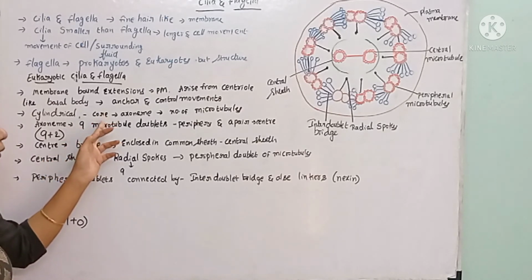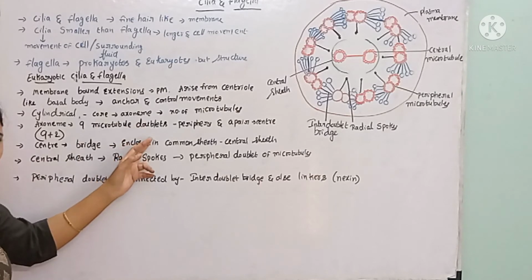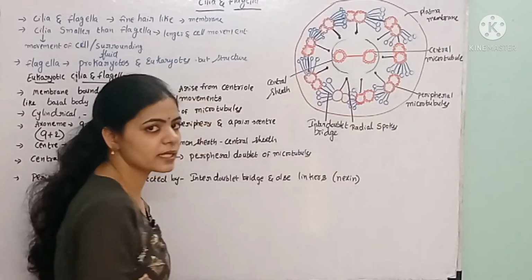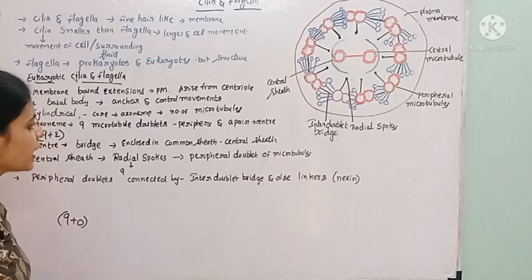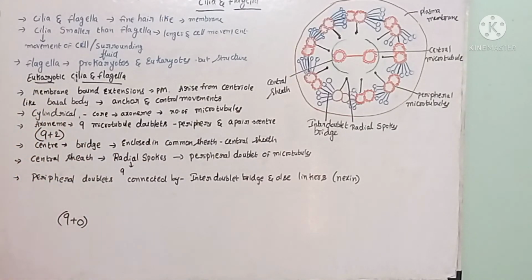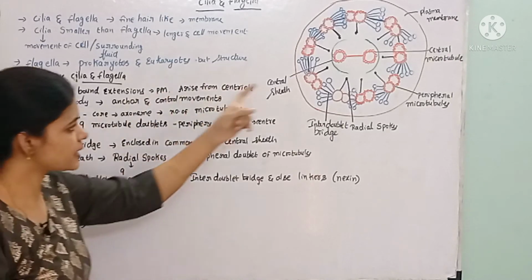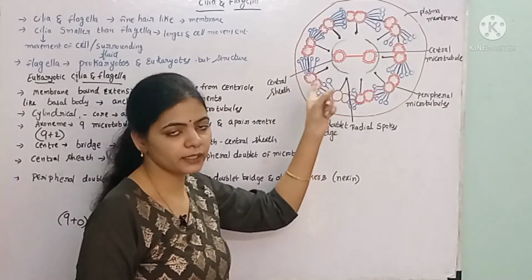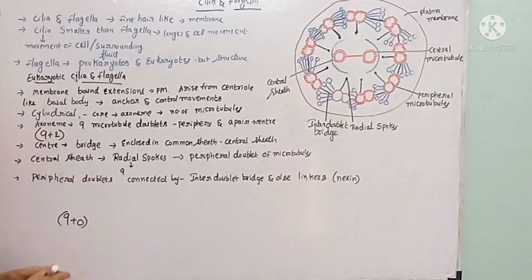There is a central core, which is called the axoneme. Within the axoneme, there are 9 microtubules at the periphery, and in addition there are central microtubules. So 2 microtubules are present. This gives a 9 plus 2 arrangement. A 9 plus 0 arrangement is seen in the centrioles.